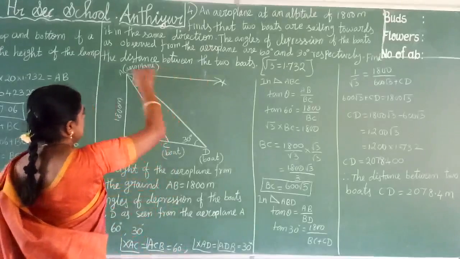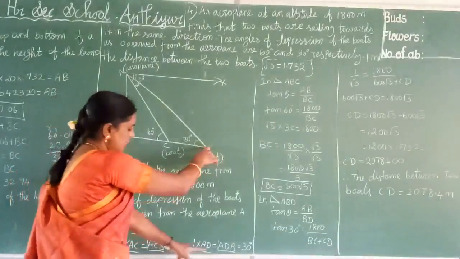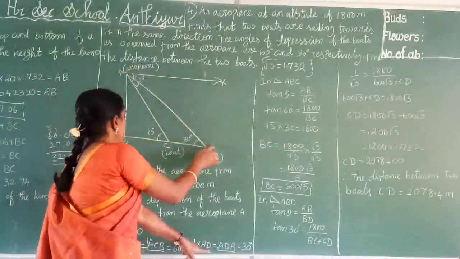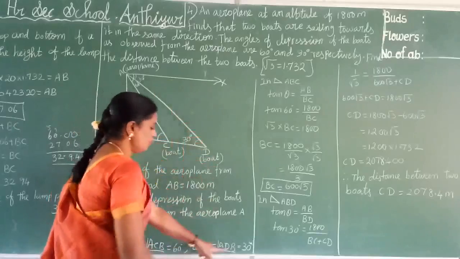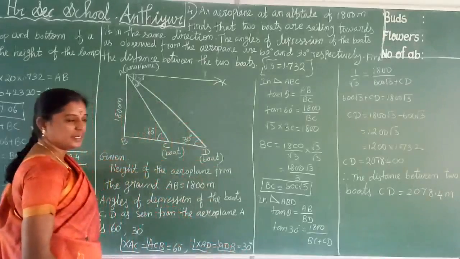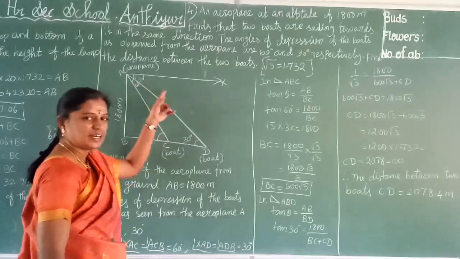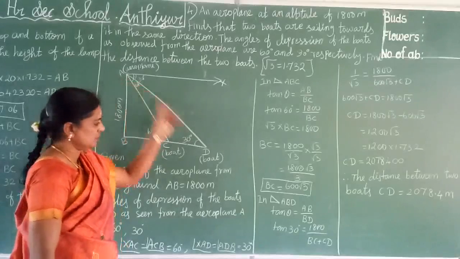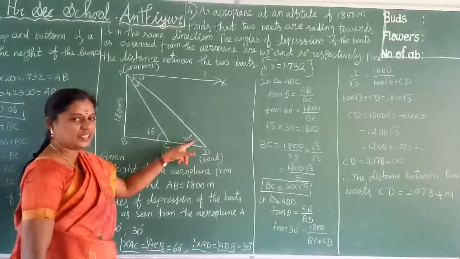And XAD is equal to ADB, and both are 30 degrees. Apply parallel lines: this is the transversal, so alternate angles are equal.